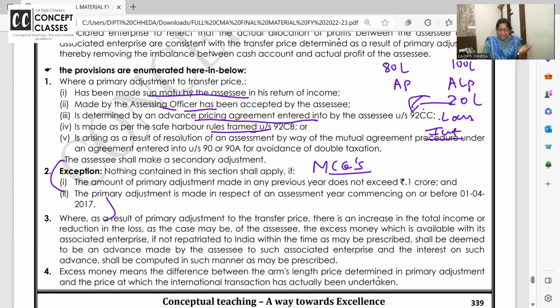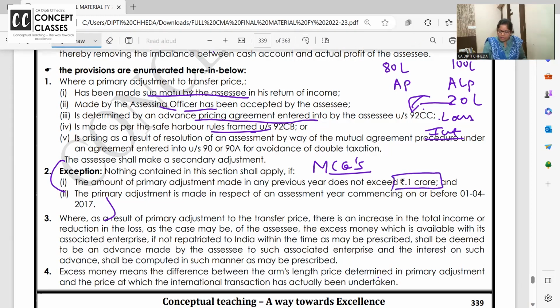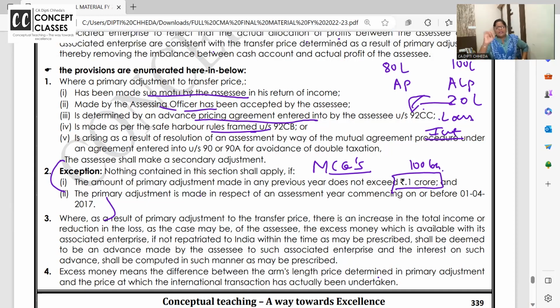Answer is no. Secondary adjustment is applicable only if primary adjustment exceeds 1 crore, that is 100 lakhs. If the primary adjustment, the increase in the income, is more than 1 crore, then only we have to ask the other party to repatriate in India.